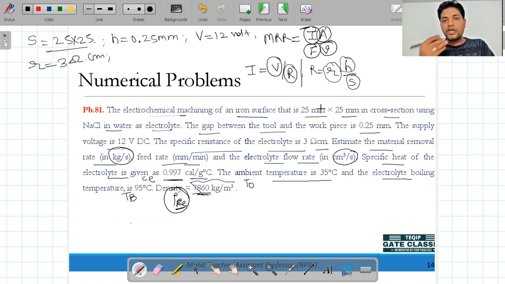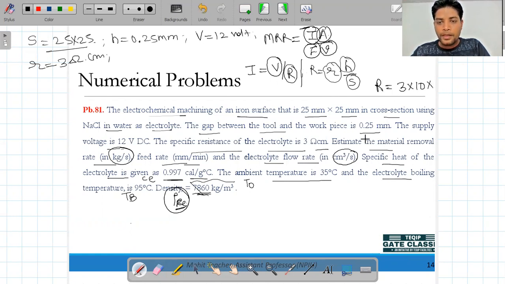So get the value of R, put in V by R, get the value of I, and put the value there. Small r is 3 ohm into centimeter. H and S are given in mm, so convert this to mm as well, so this will be ohm into mm.